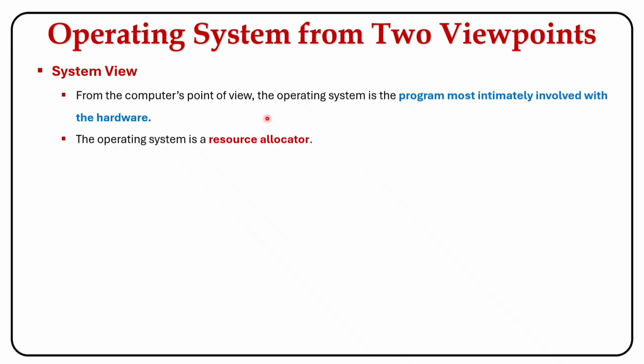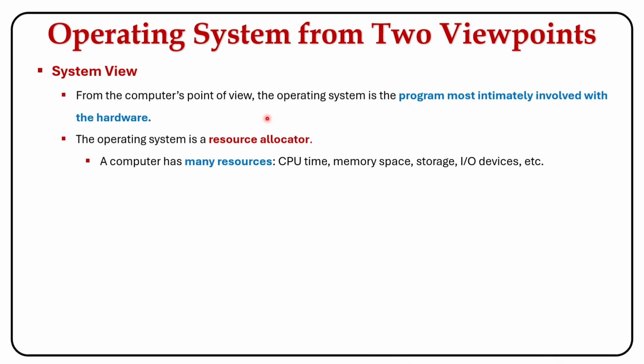Operating system as a resource allocator: one of the important roles of the operating system is that it acts as the resource allocator. The computer has many resources such as CPU time, memory space, storage, I/O devices, and so on. Many programs may request these resources at the same time.